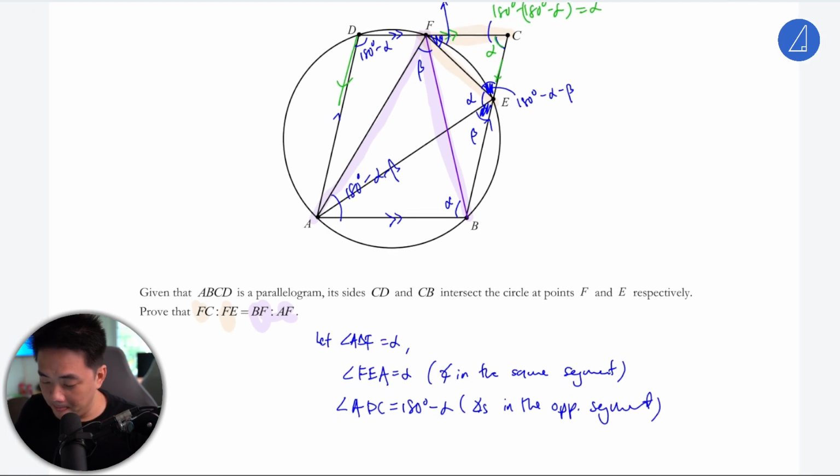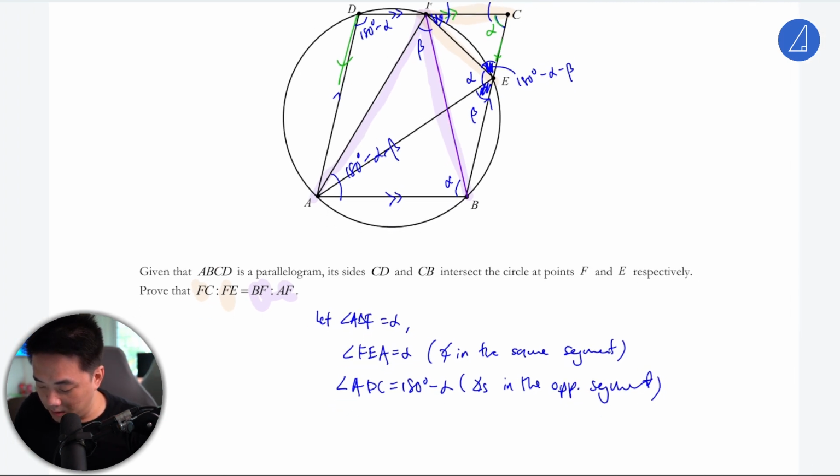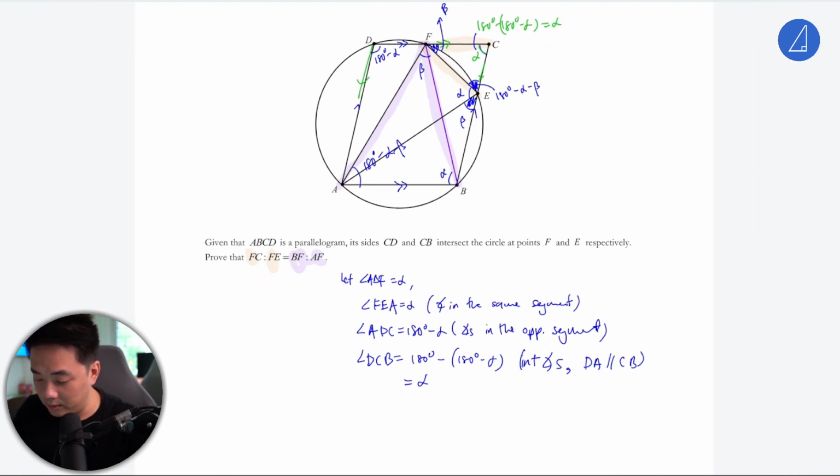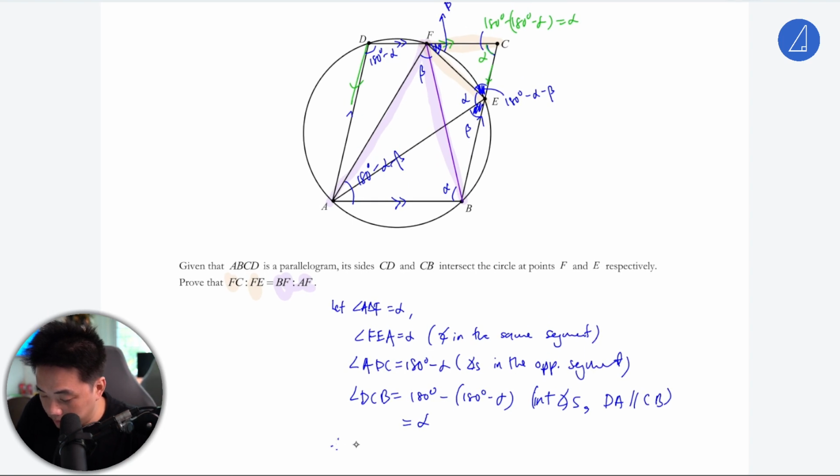Then angle DCB is equal to 180 minus 180 minus alpha. This is interior angle, DA parallel to CB, and that will be alpha. So in other words, hence angle FBC equals angle FCE equals alpha.